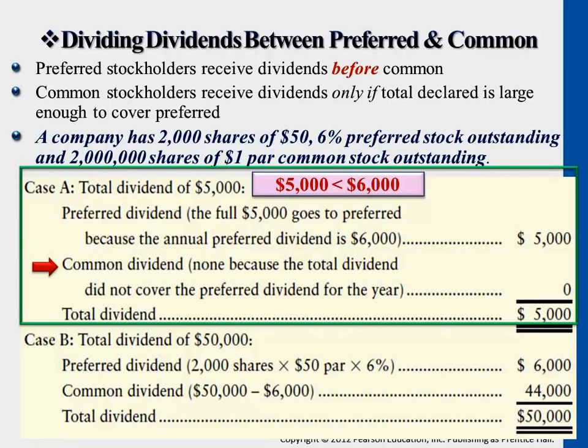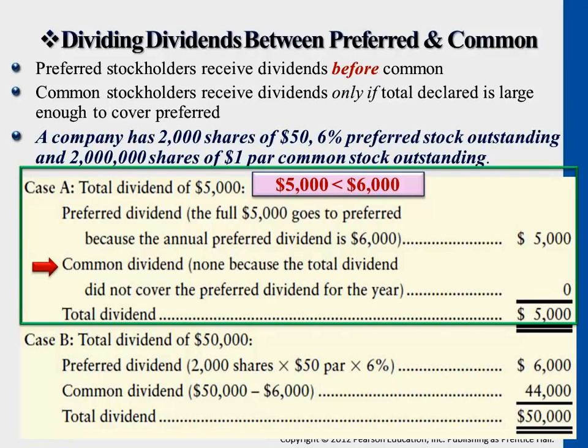So altogether, this will give you the dollar amount, $6,000. This is the part that preferred shareholders are supposed to get every year as long as the company declares dividends. Okay, now remember I talked about a case of cumulative and non-cumulative.